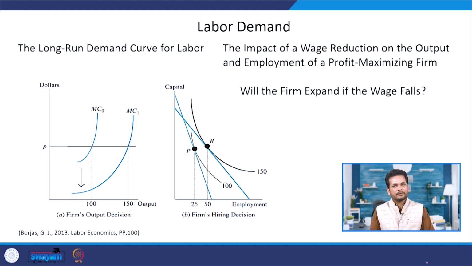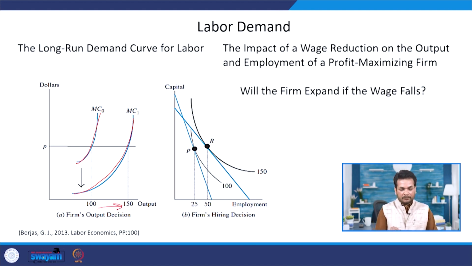So, we expect that the drop in the wage rate would encourage the farm to expand production. Now, what happens when there is a reduction in the wage? The marginal cost, earlier it was this, now it has declined. So, a declining marginal cost will induce the farm to produce more.